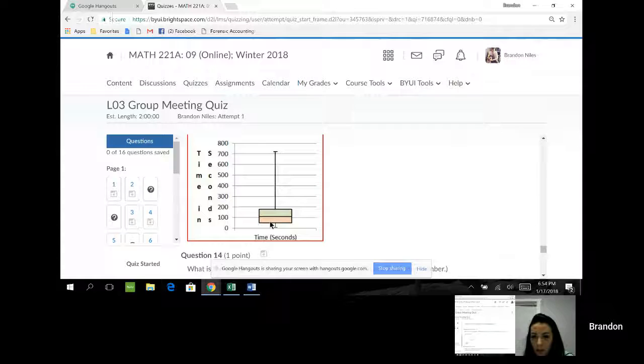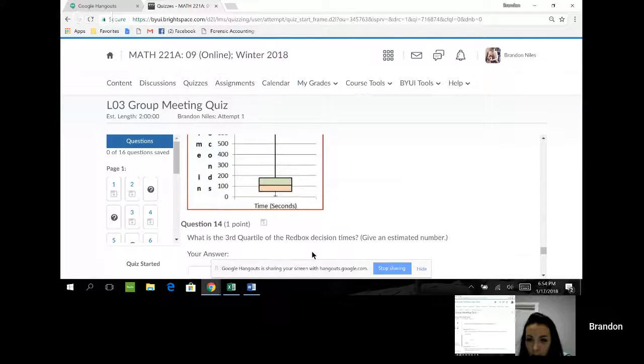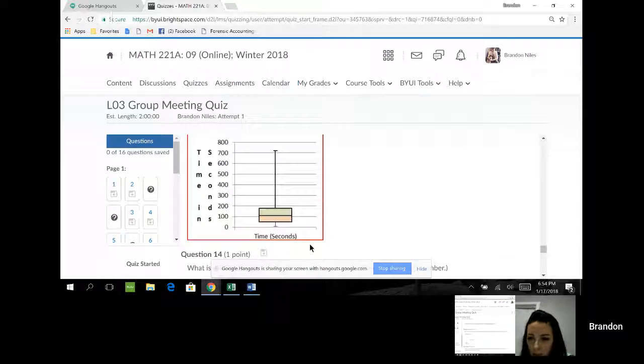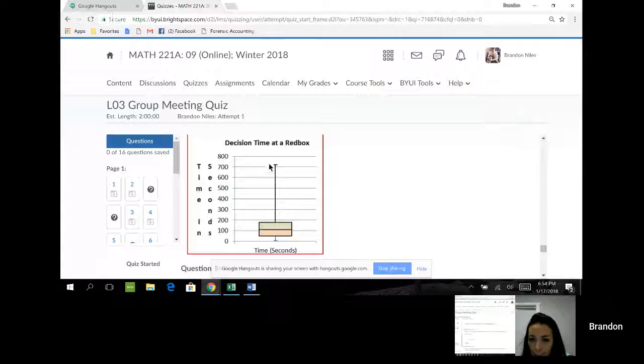Is that like 180, 190, do you think? Yeah, I'd say around there. Because it just says of the red box decision times, right? That's kind of confusing for me. How would we figure that out if it's just the red box decision times? The whole thing is the red box. Oh, okay. So it really means the green one, I think.